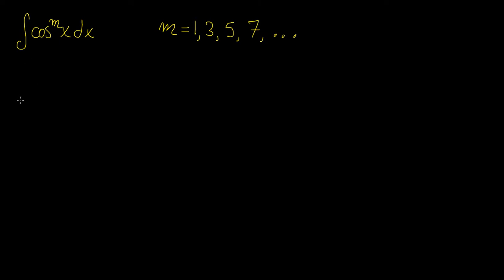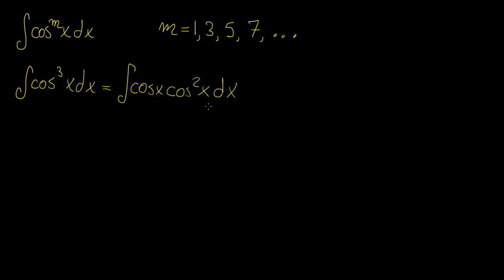Now in the previous video we solved the integral of cosine cubed x, and the way we did that was by breaking this down into cosine of x times cosine squared x. What that allows us to do is make a trigonometric substitution, which allows us to perform the integration in a much easier manner.